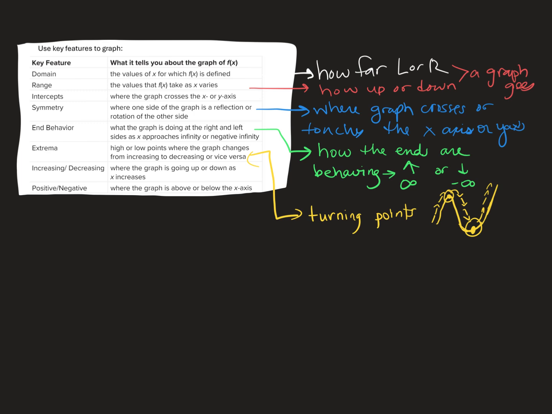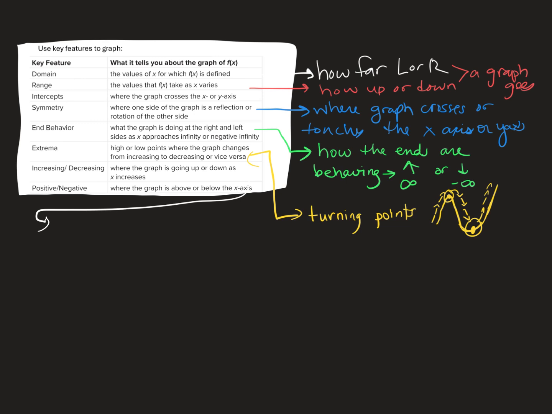And next, the increasing, decreasing. Well, I think I skipped symmetry. Oops. I'll go back and get the symmetry. I missed it right there, but that's okay. I'll go back and grab it in just a second.